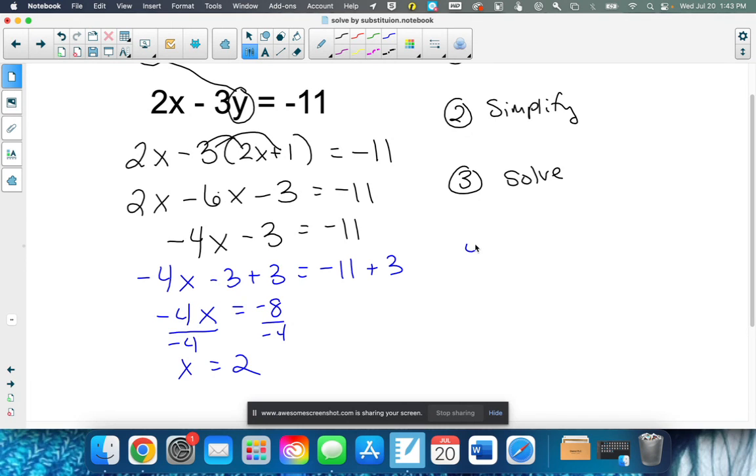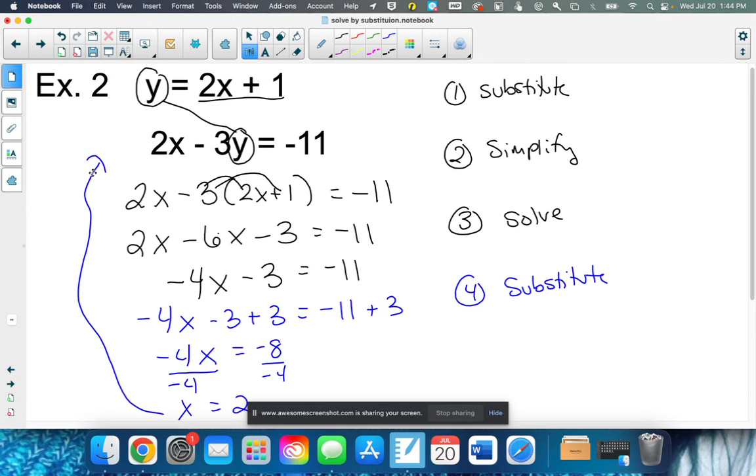Okay, so next step, we're going to substitute again. We're going to substitute 2 for x back in one of our original functions. Now again, it doesn't matter which one, but in this case, one would actually be easier than the other. The first equation would actually be easier to work with because the y is already by itself and you don't have to do as much solving.